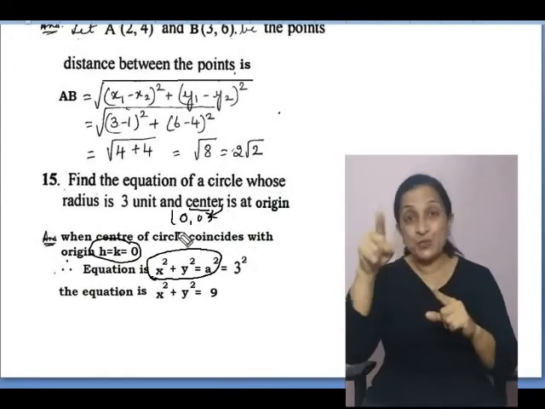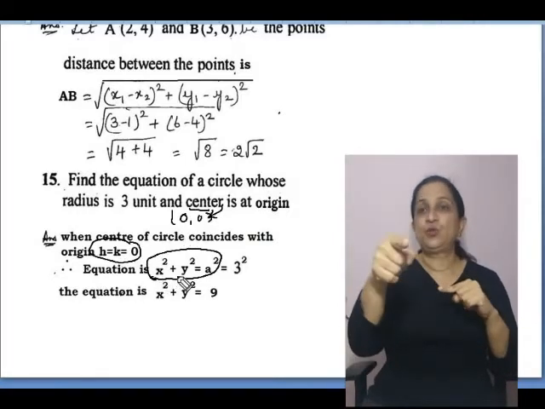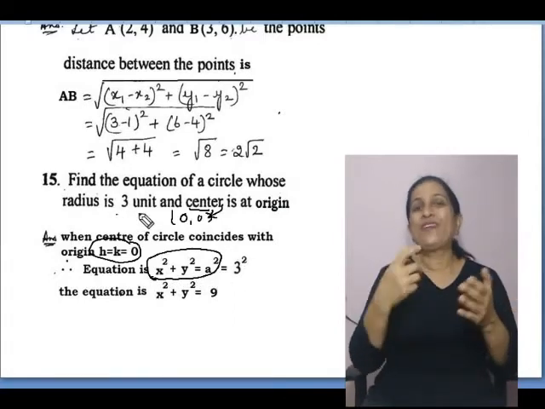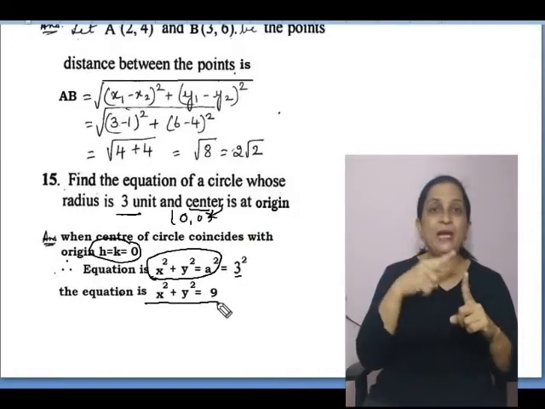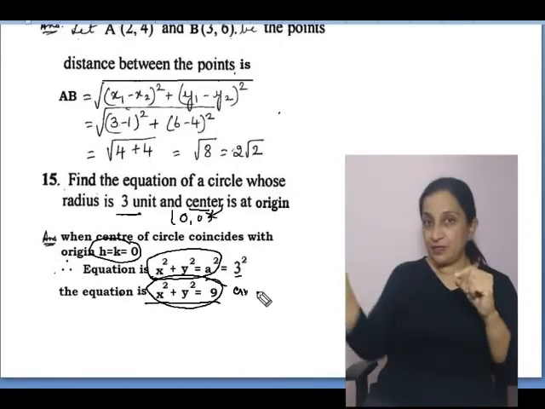Then the h and k values become 0, so the formula becomes x squared plus y squared equal to a squared. Here a or radius is 3 units, so you put 3 squared. So x squared plus y squared equals 3 squared, that is 9. This is the equation of the circle.